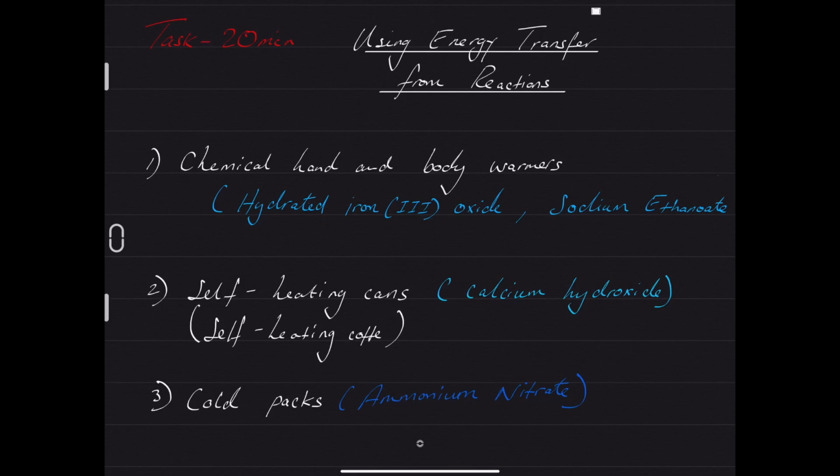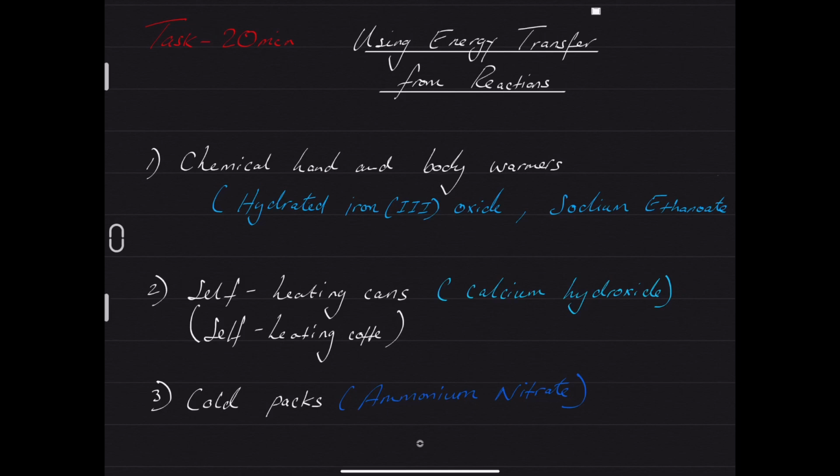I want you to collect information about what products have been made using these reactants, and I want you to give a brief description of how they're used and the different types of chemical hand and body warmers that are around, and do a quick comparison for that.